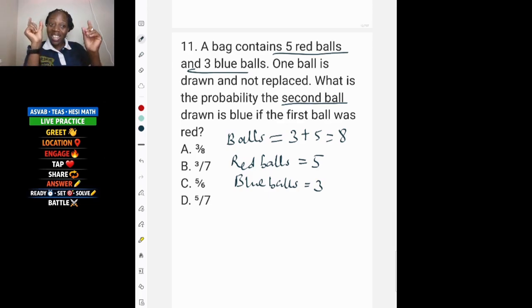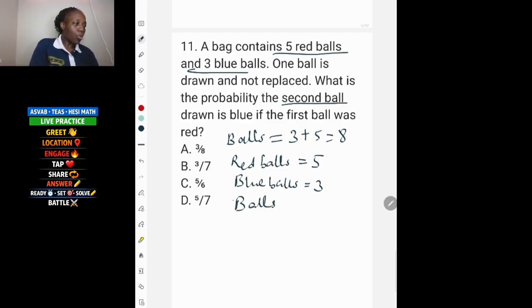That's something to note. One ball is drawn and not replaced. So I'll quickly say our balls now will be minus 1, and that will be 7. So the total number of balls is now 7.